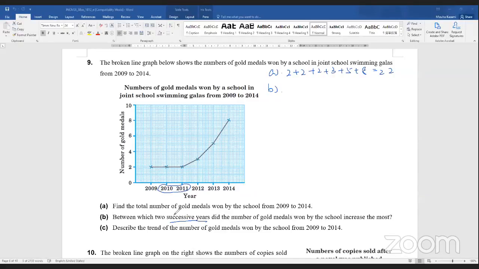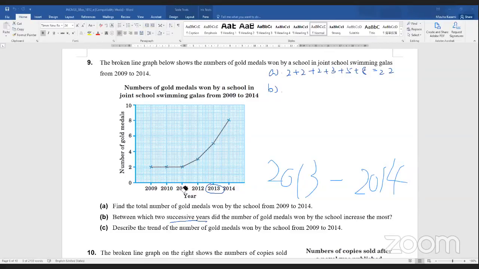And then part B, between which two successive years? These two are successive, for example. But if between this one and then this one, then in this case it's not successive.